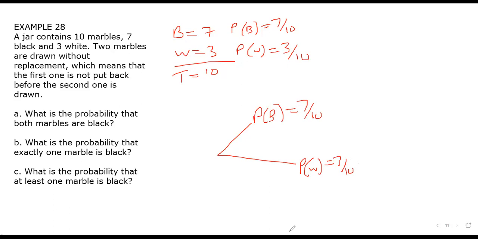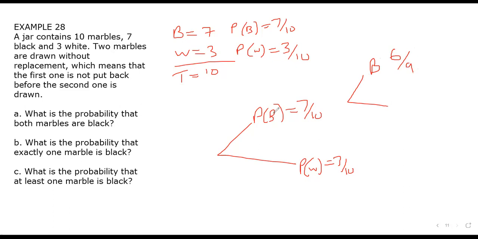So we are told that 2 marbles are drawn without replacement, which means the first one is not put back before the second one. All right, so what's the probability that both marbles are black? Let's finish the table together before we start answering the question. If I get a black and the second one is black, the number of blacks will reduce from 7 to 6, and the total will reduce from 10 to 9.